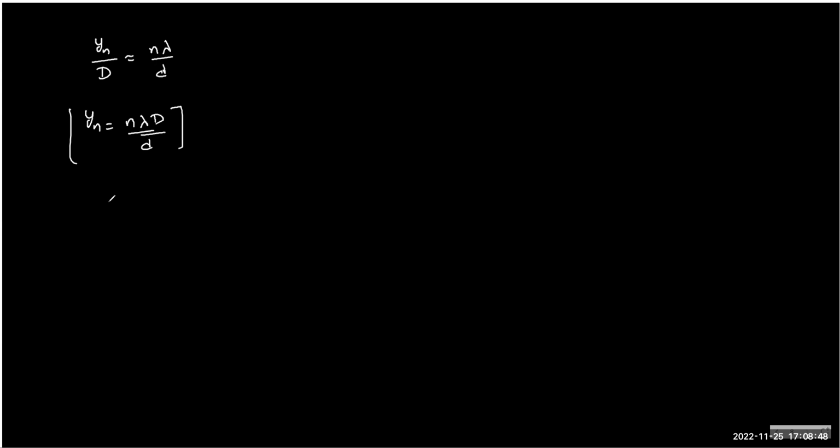So if you ask first maxima, n is 1, second maxima is 2. But we also have something called zero order maximum.